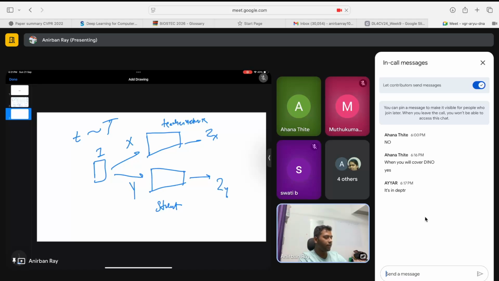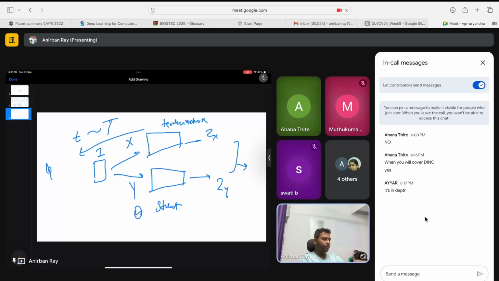So what happens is that you compare the two representations here, and this is done using a cross entropy loss. Now one more thing we have to understand here is the structure: the student network has parameter theta, and the teacher network has parameter phi.